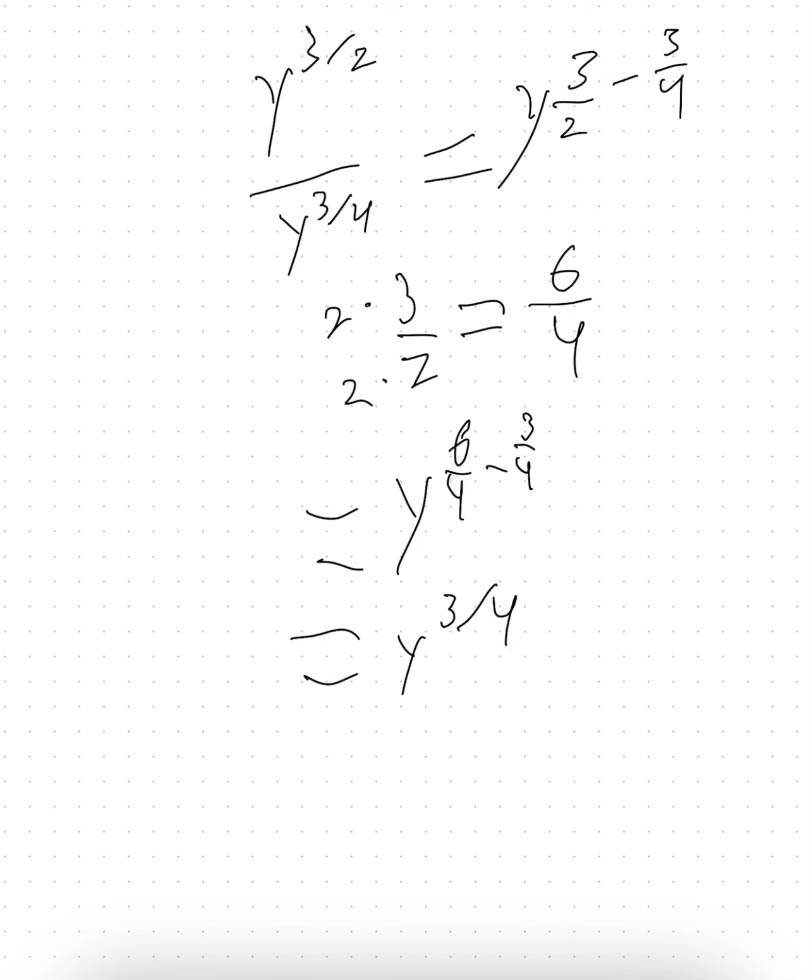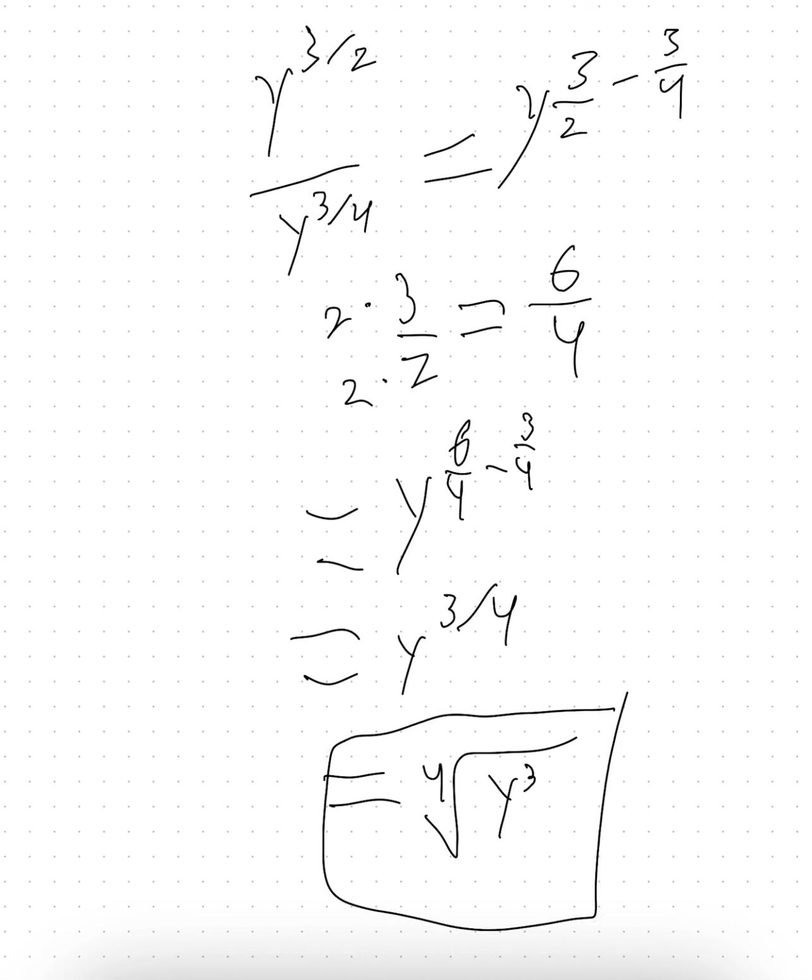Denominators stay the same. So that's y to the 3 over 4. Okay, and we don't really like to leave it as a fraction, so we're going to do power over root. So it's the 4th root of y raised to the 3rd power. Okay, that's what that equals.